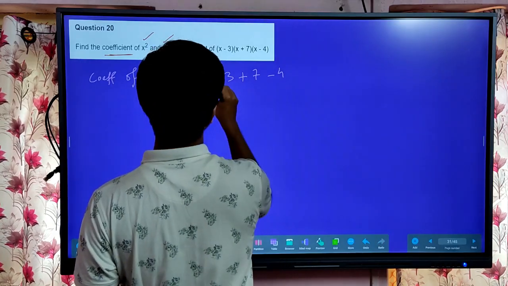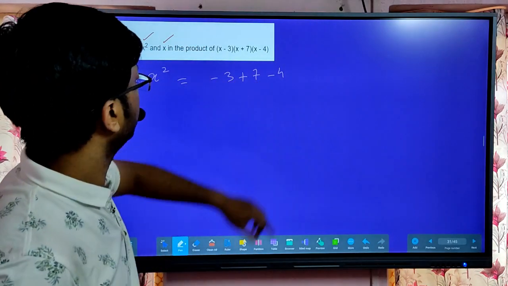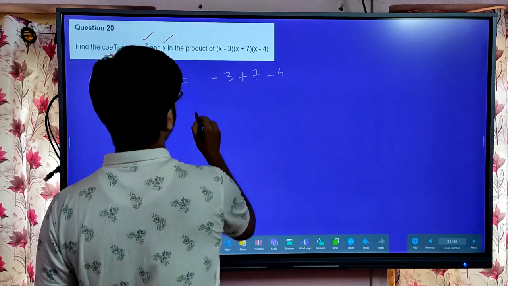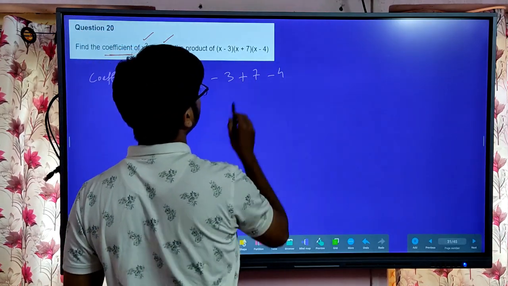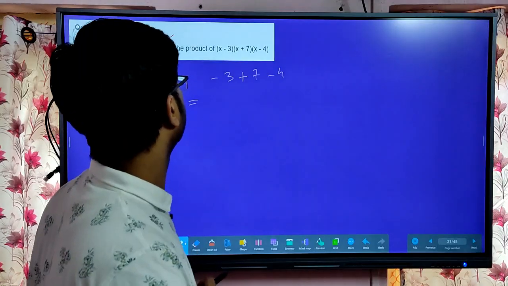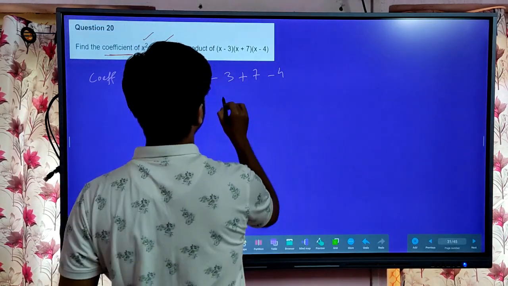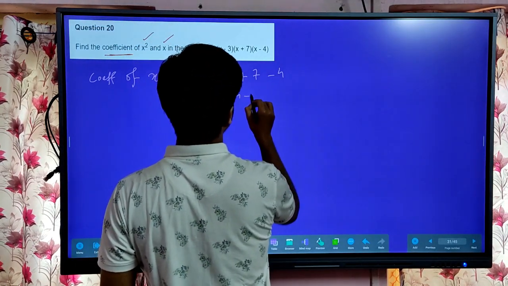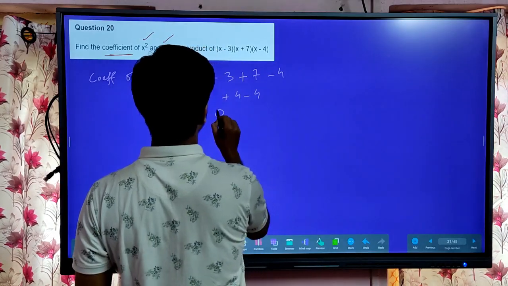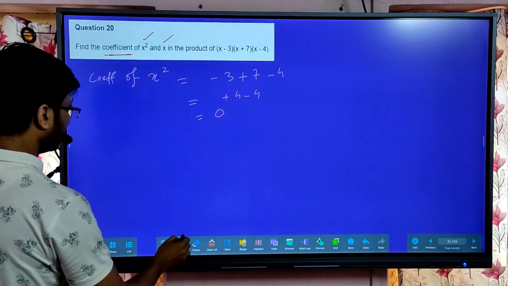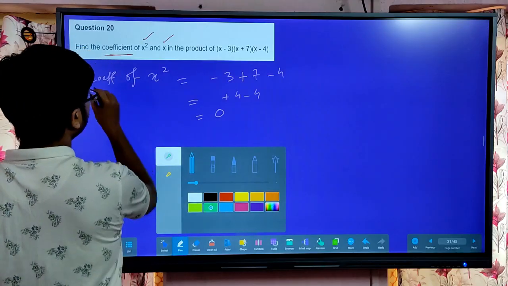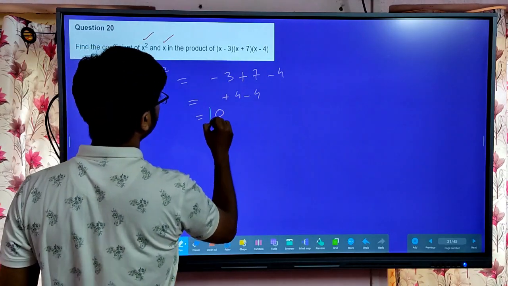You are just going to write it, minus 3 plus 7 minus 4. That will be equal to 7 minus 3 is plus 4 minus 4. So it will be equal to 0. Achha, what does it mean? The coefficient of x square is coming out to be 0.